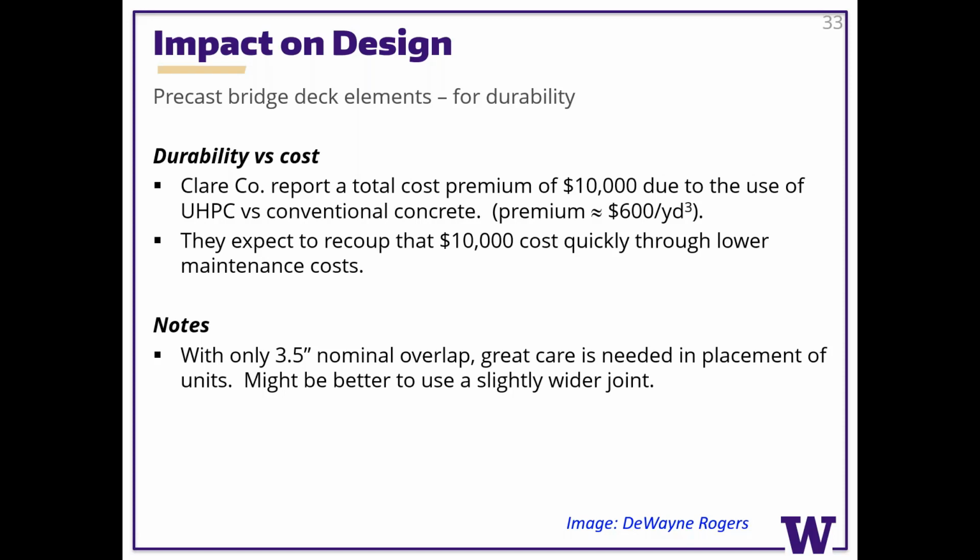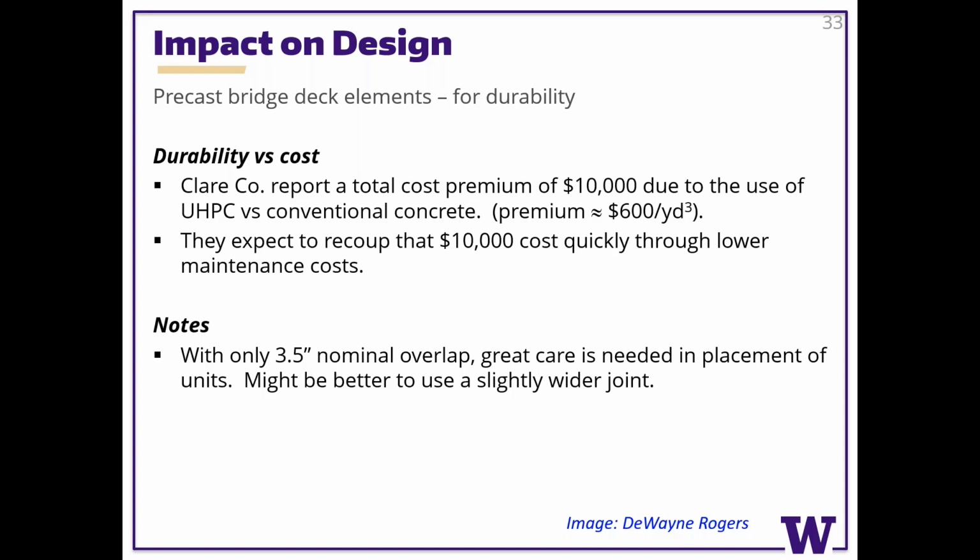If you divide by the volume of UHPC, that was a premium of something like $600 a cubic yard. In his view, that was a real deal because recouping the $10,000 upfront premium would be pretty easy, just in reduced maintenance costs over the life of the bridge. So in his view, this is a perfect opportunity and he wants to do it again and again. He thinks it's a great deal.